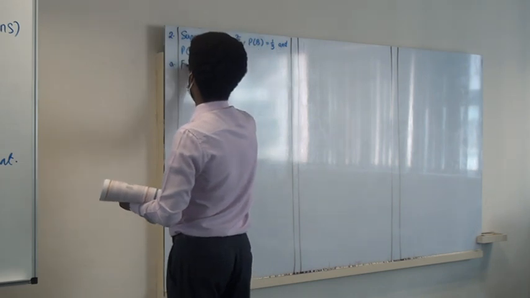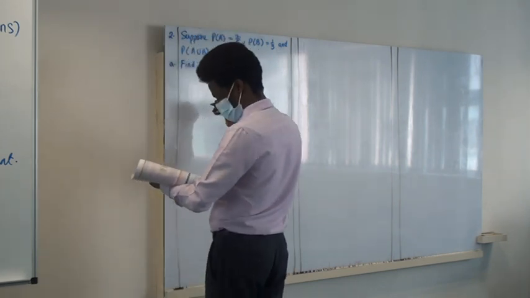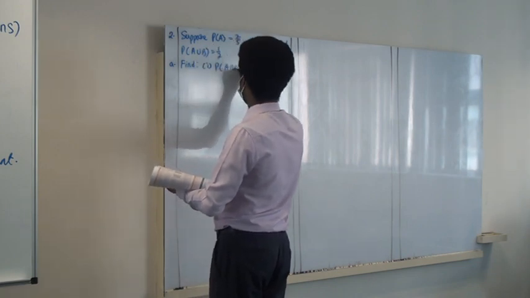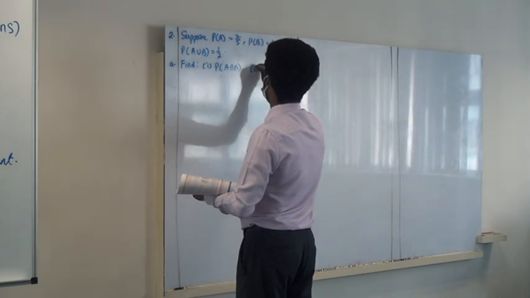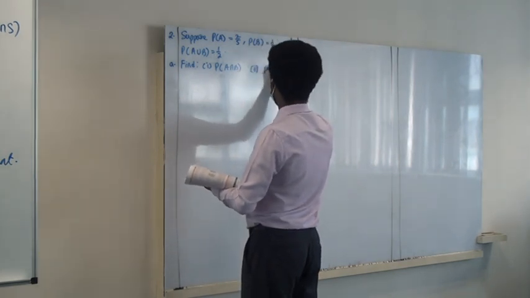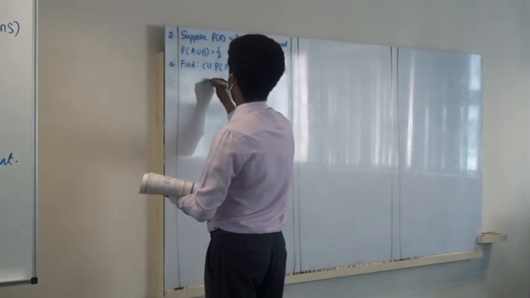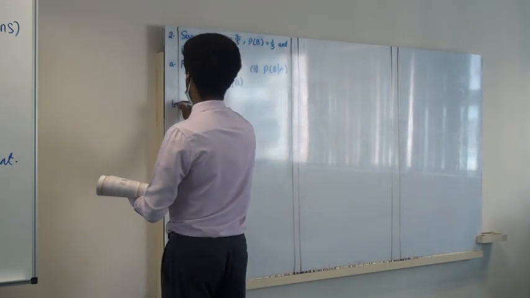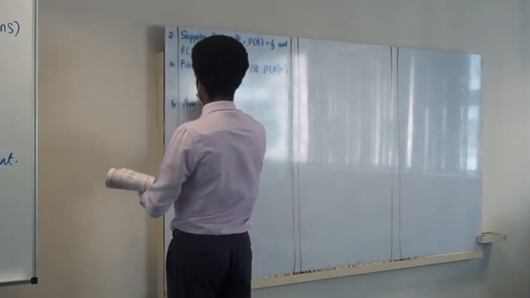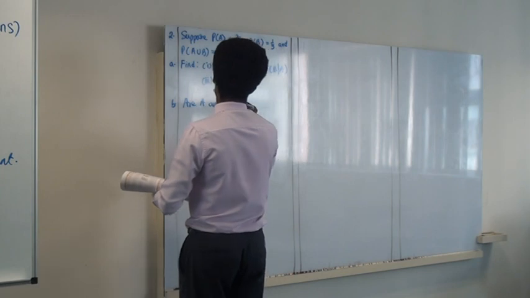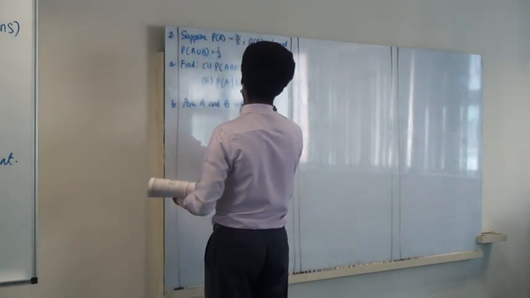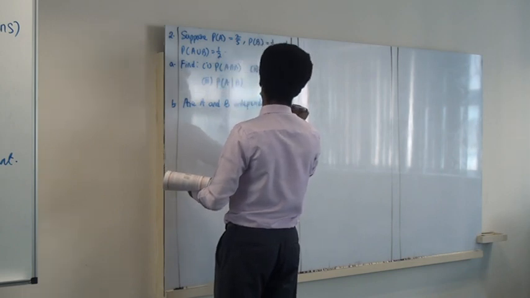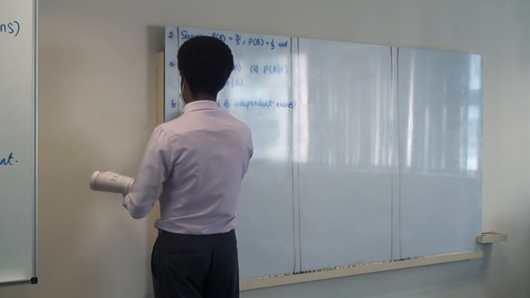The first question is find probability of A intersection B. Question 2, probability of B given A. Question 3, probability of A given B. And the last question says, are A and B independent events? Justify your answer.